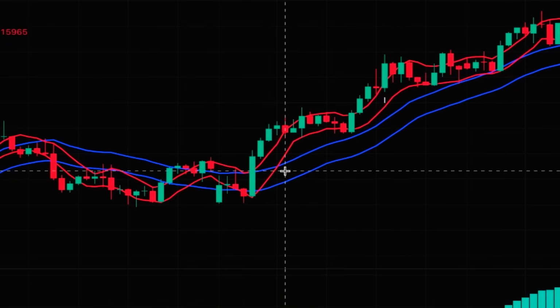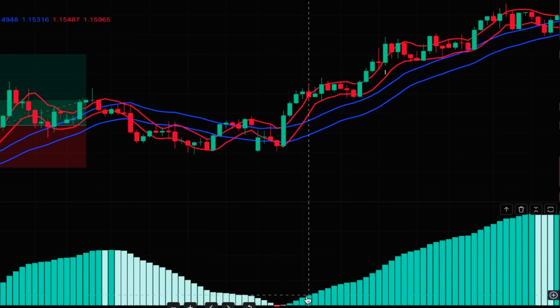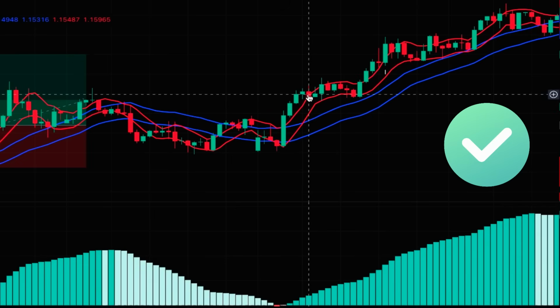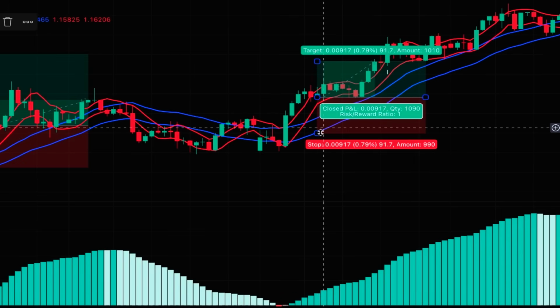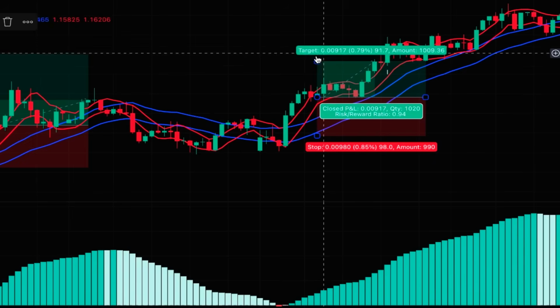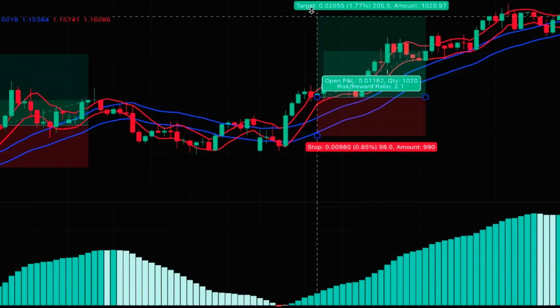Here at this point, when this candle was closed, you can see that the red channel completely crossed above the blue channel. And when we check the MACD histogram, we can see that the bar is dark green. So here the buy signal is confirmed, and in practice we could enter a long position at this point with the stop loss below the blue channel and the profit target at 1.5 risk to reward ratio.